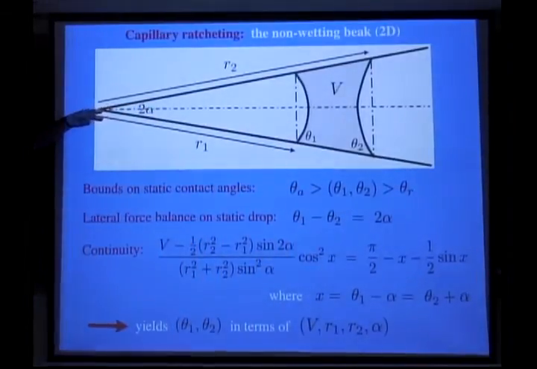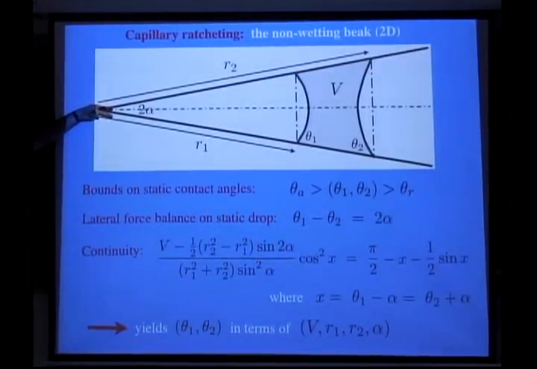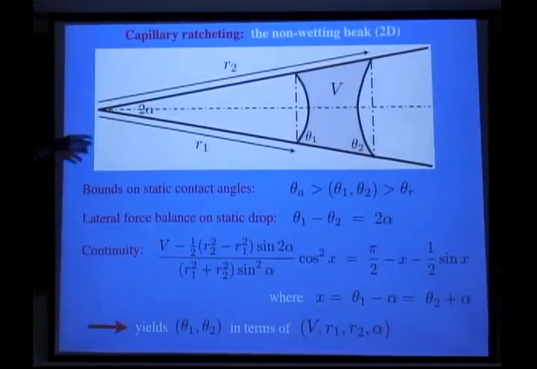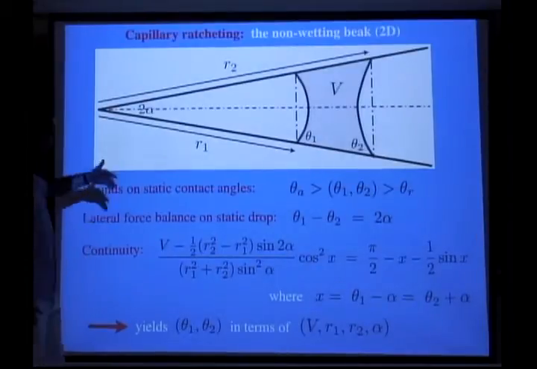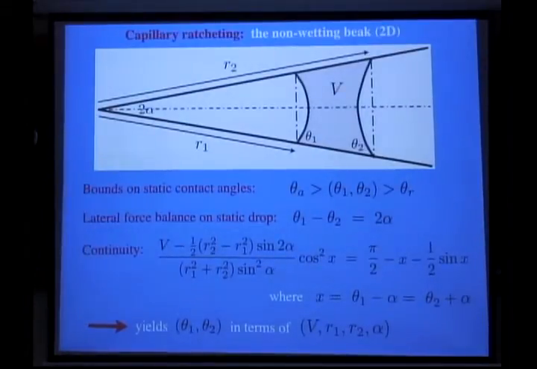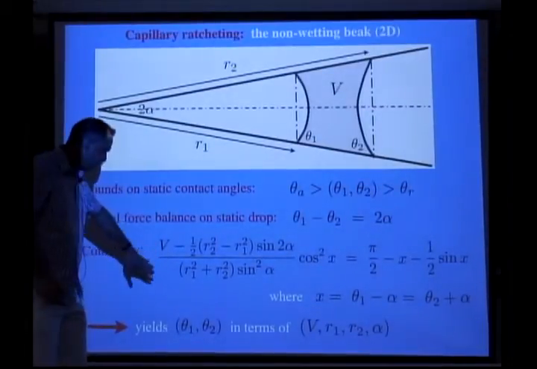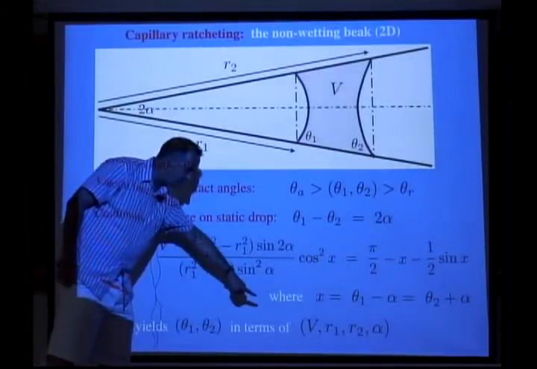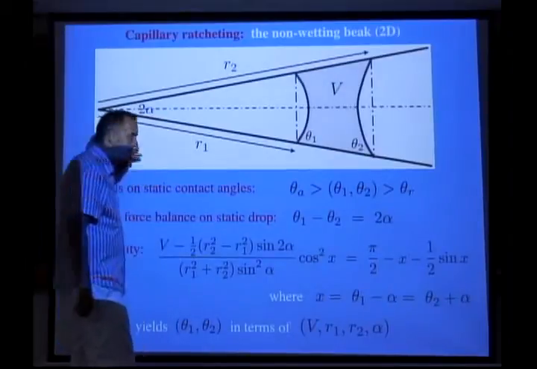That's just a geometric fact that you get from force balance on the drop. Again, we're assuming this is 2D, and so then you have a continuity condition which ties everything together, but you can basically invert this to get theta 1 and theta 2 in terms of the position of the drop, the volume, and the opening angle. Okay?